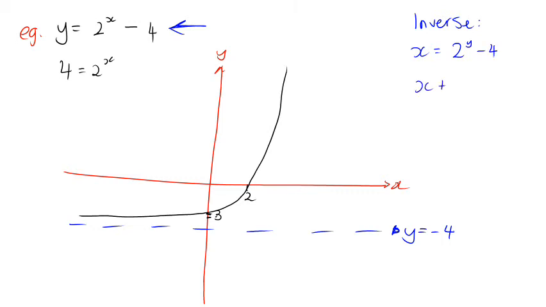We get x plus 4 equals 2 to the y. And then take log base 2 over. Yes. Asymptote is -4. Good. Asymptote is now -4.